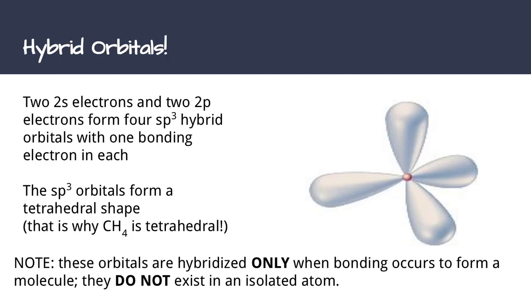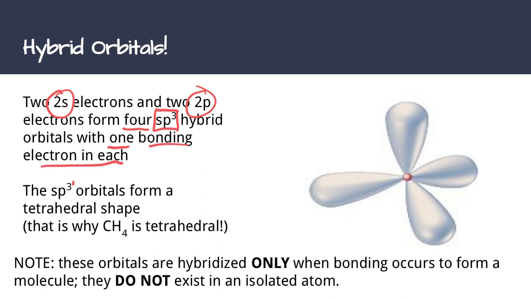This is what hybrid orbitals are about. In carbon, for example, the 2s and the 2p orbitals are going to form 4 new hybrid orbitals called sp3, and we'll go into why in a moment, that have 1 bonding electron in each.